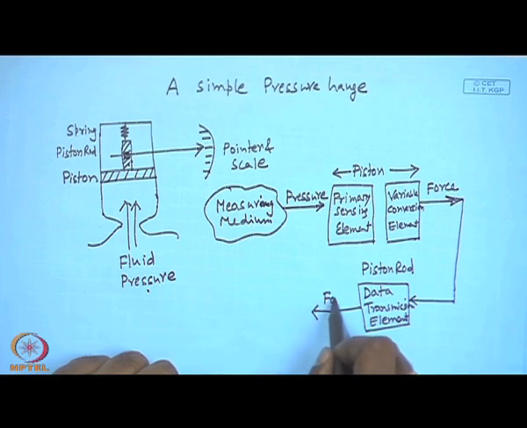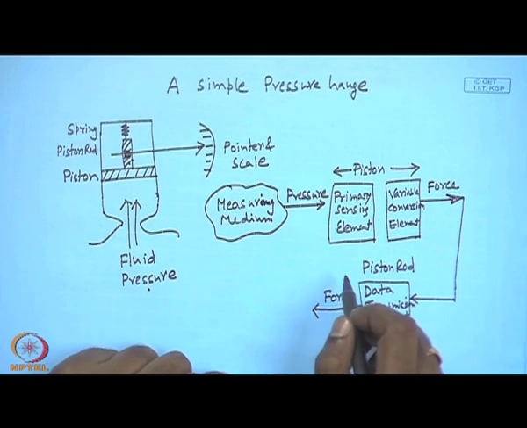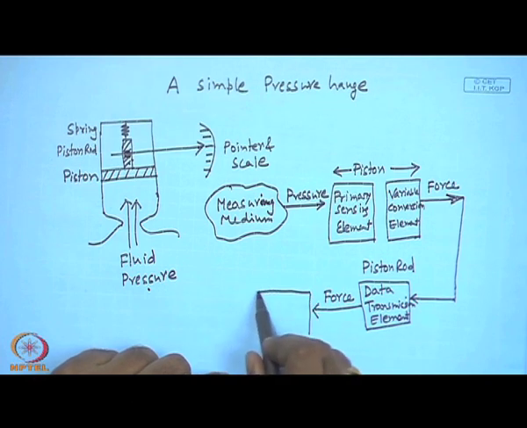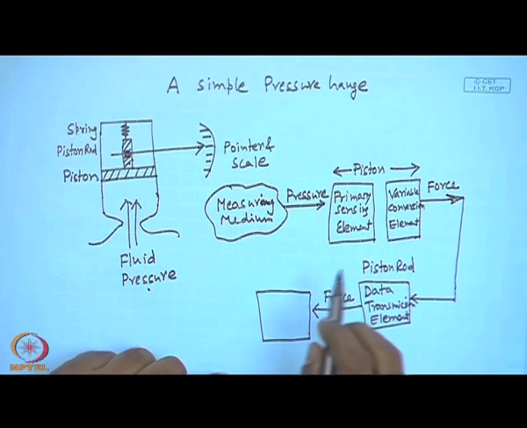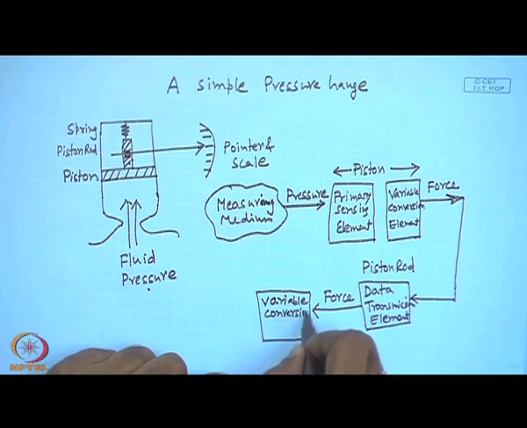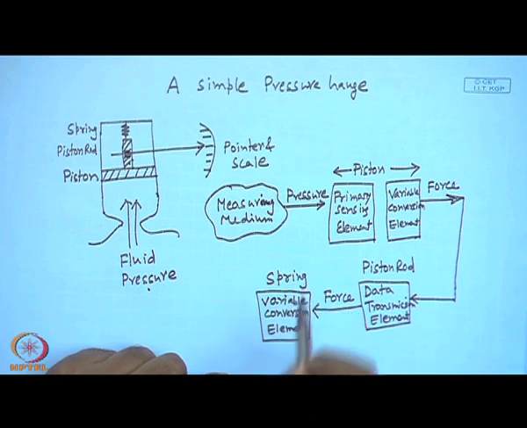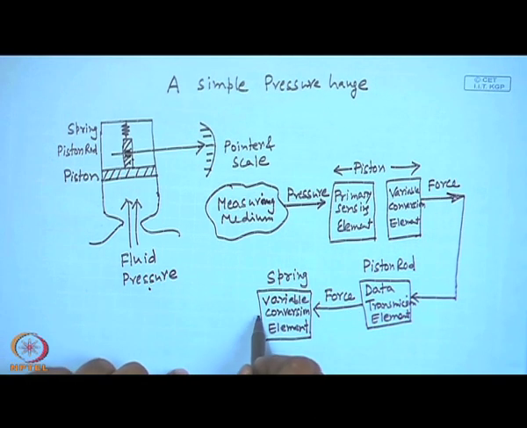So, we still have force signal here. Now, this force signal is transmitted to the spring, which converts this force signal to a motion signal. So, spring works as variable conversion element. So, we now have a motion signal.